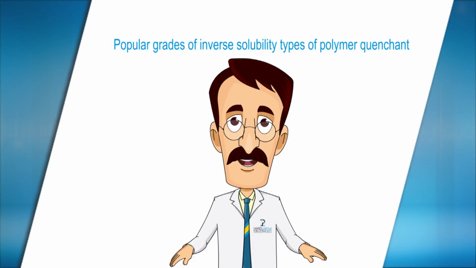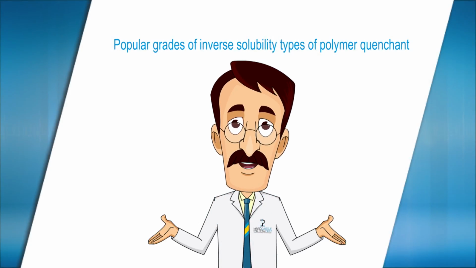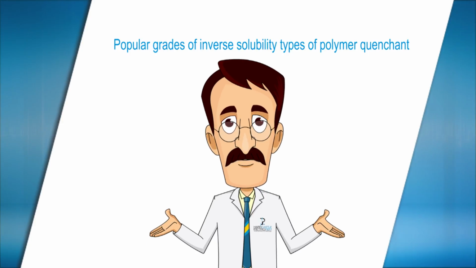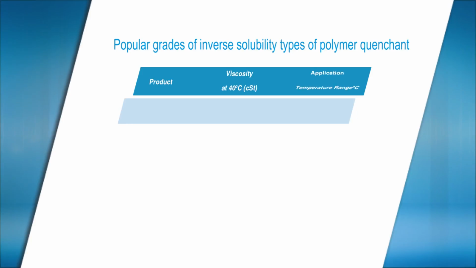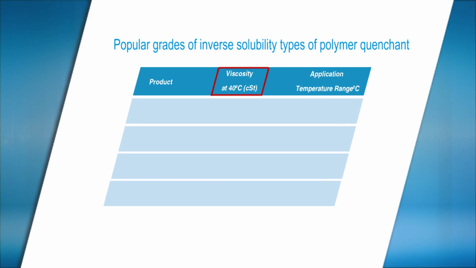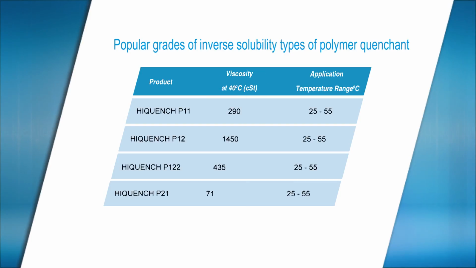Hardcastle Petrofer has a major share of business in India for their inverse solubility type polymer quenchants. These quenchants are classified according to their respective kinematic viscosity at 40 degrees Celsius. We generally recommend the application temperature in the range of 25 to 55 degrees Celsius.